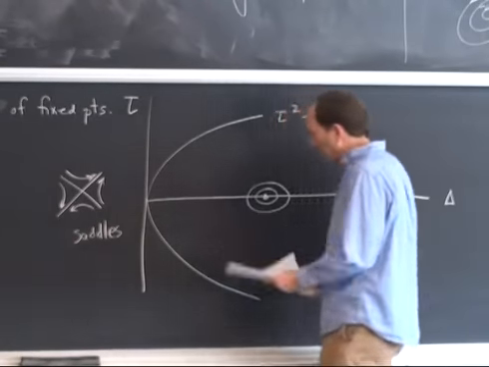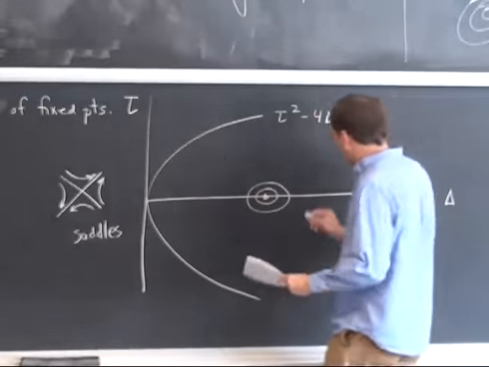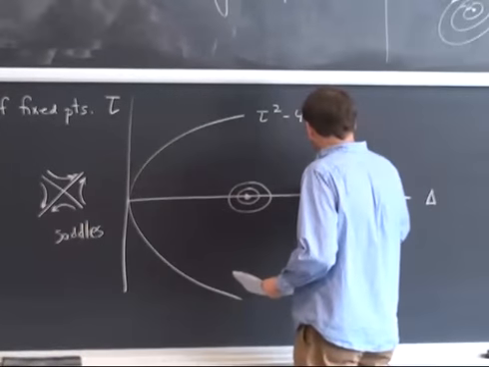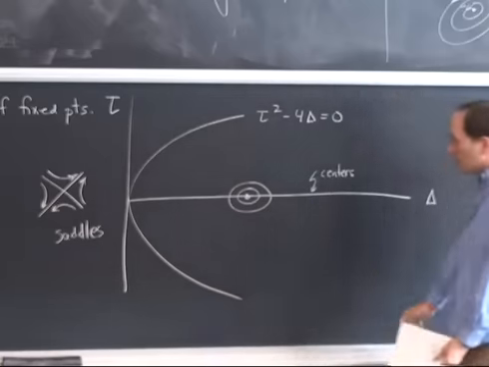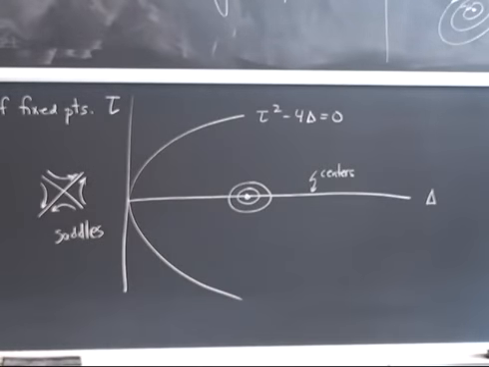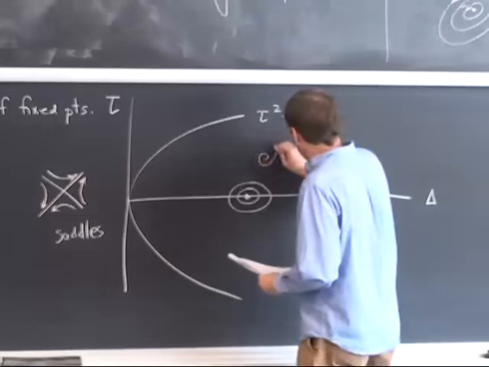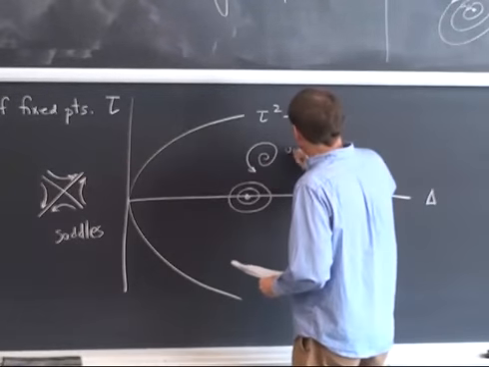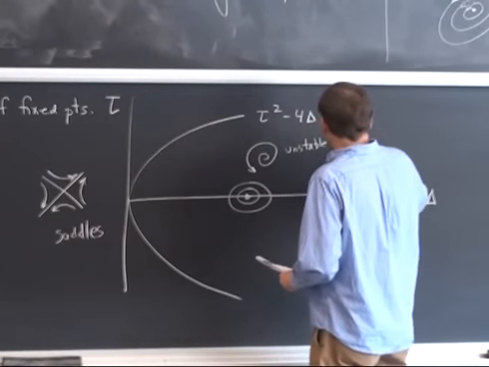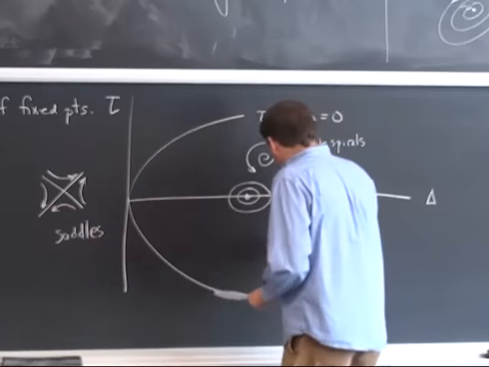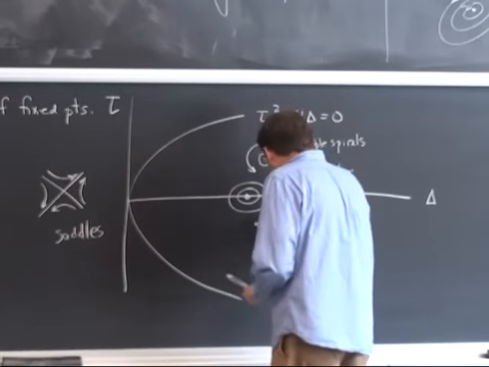This is a very schematic picture, but I hope you understand what I'm trying to show. That the centers live here, where delta is positive but tau is 0. We have unstable spirals in here. Or then stable ones down here.